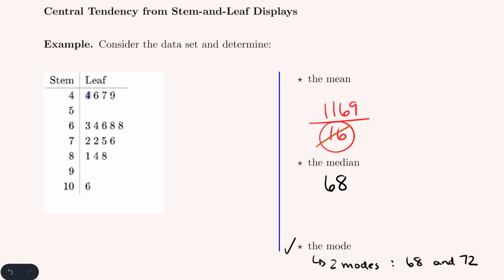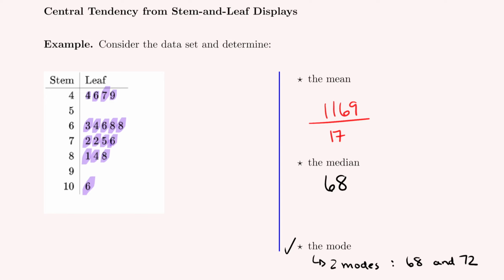There are 1, 2, 3, 4, 5, 6, 7, 8, 9, 10, 11, 12, 13, 14, 15, 16, 17 entries. So I need to correct this because, of course, I have to divide by the correct number of entries. There are 17 entries that we're dividing the total sum into.